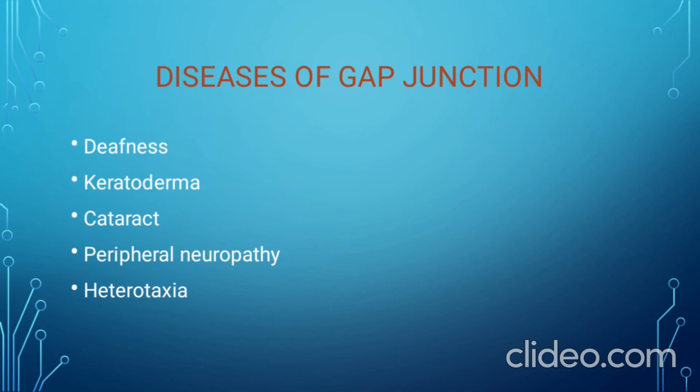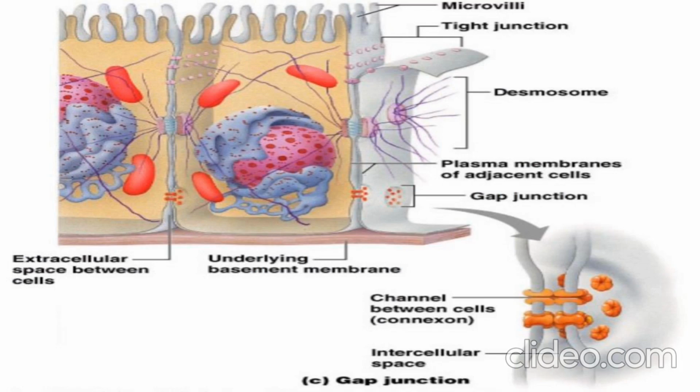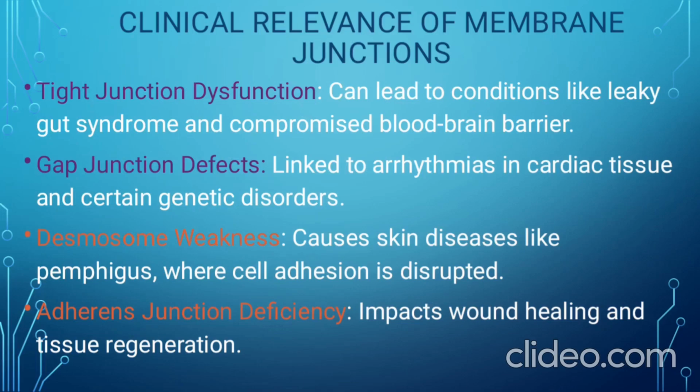Peripheral neuropathy is damage to the nerves of the peripheral nervous system. These are the diseases of the gap junction as a result of mutation of the protein that forms the gap junction. You can see the gap junction here, the connexon that forms the channel, and the intercellular space.